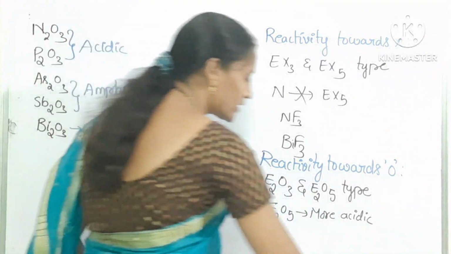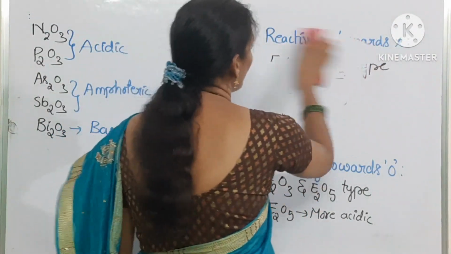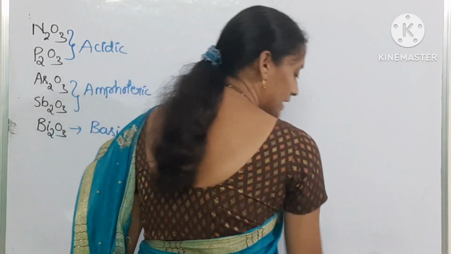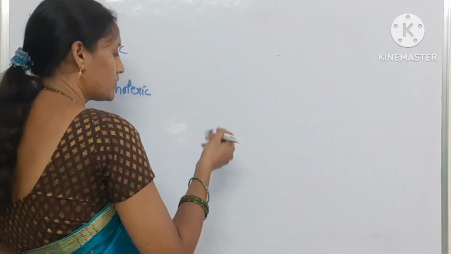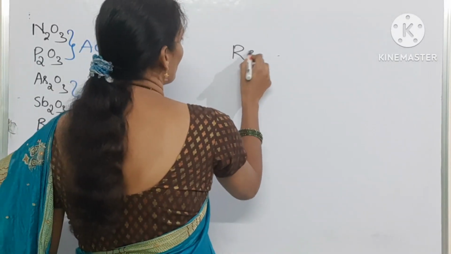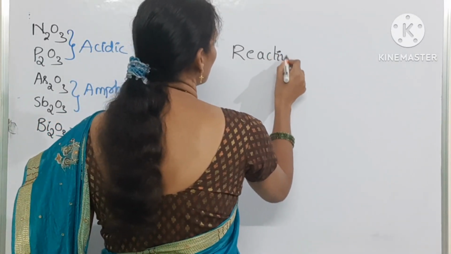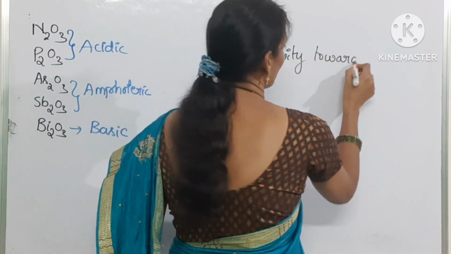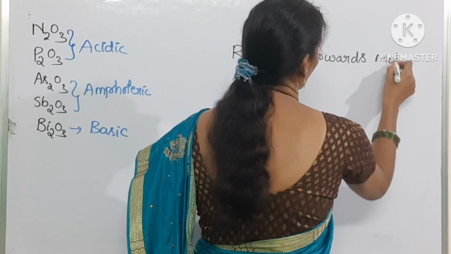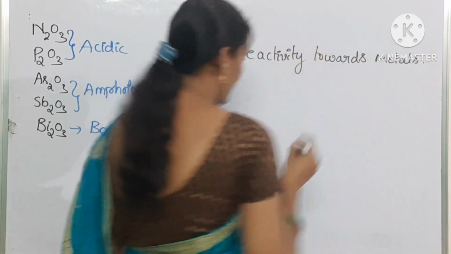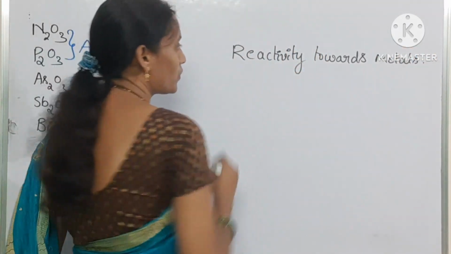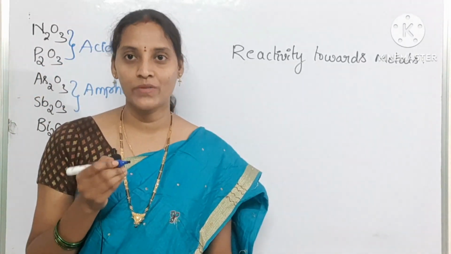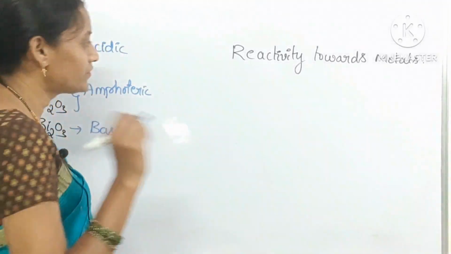Then coming to reactivity towards metals. Especially when reacting with metals, binary compounds will form. At this time a -3 oxidation state will be there for fifth group elements.